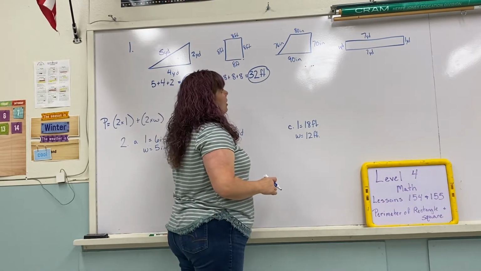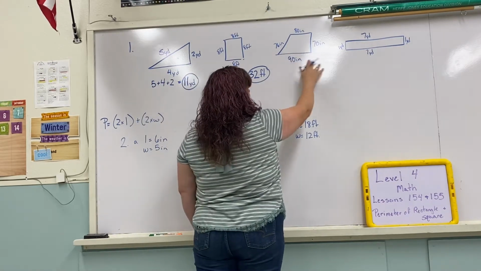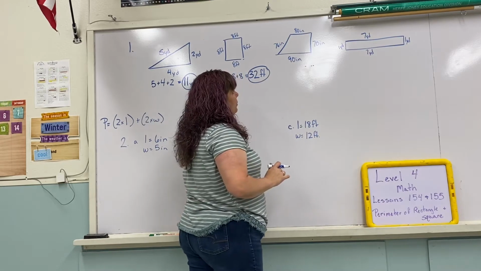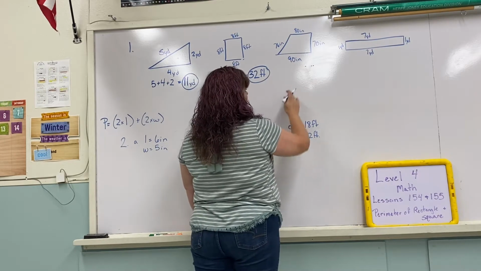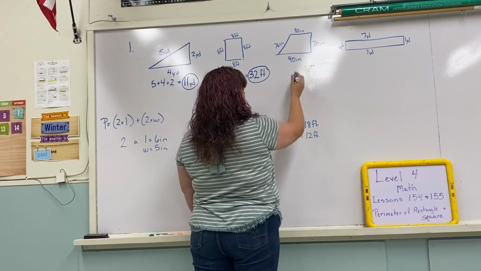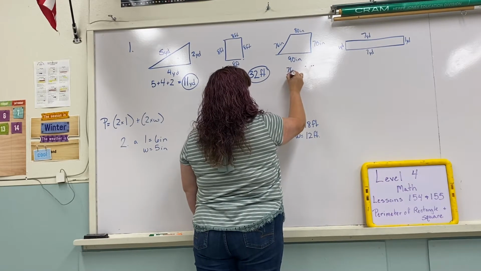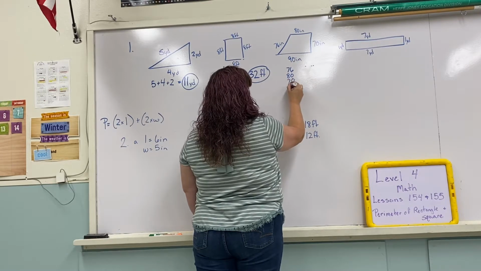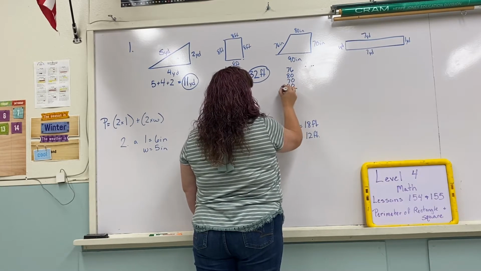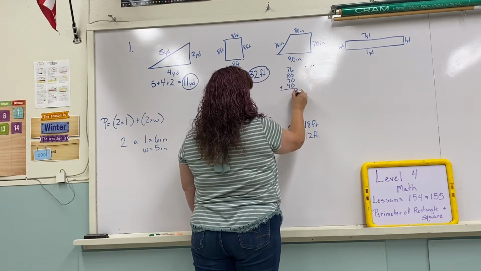Okay? All right, now we've got this big trapezoid here, and this time I'm going to add them vertically because it's easier for me to do that. So let's start over here. 76 plus 80 plus 70 plus 90. Okay, 6 is there.